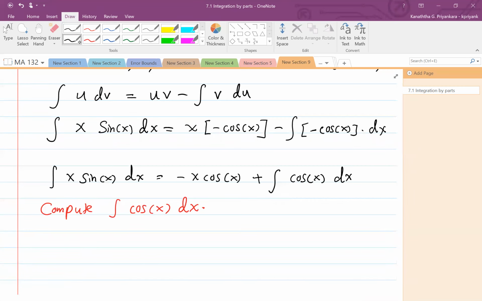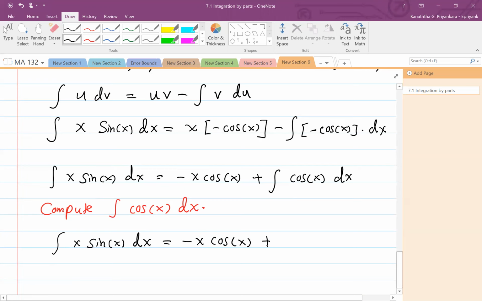So we have the integral of x sine x dx equals negative x cosine x plus, the integral of cosine is sine, so sine x.